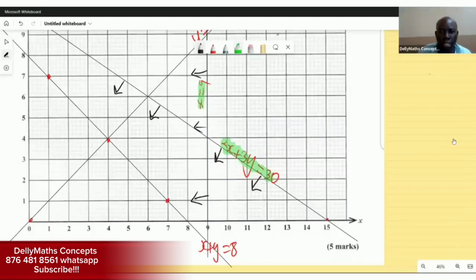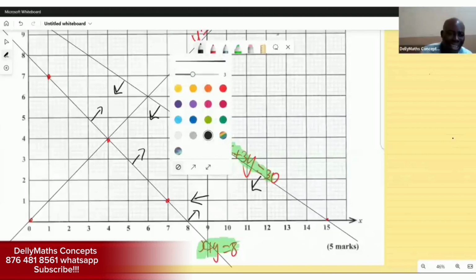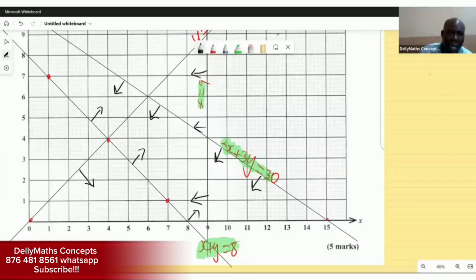Let's look at this other one. This was x plus y must be greater than or equal to 8. Greater means above the line, so it's pointing in that direction. And lastly, y equal x: the number of cars, the minivan, must be less than or equal to, pointing this way for that line.